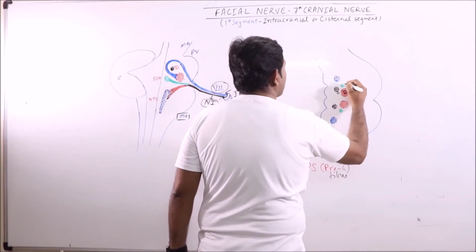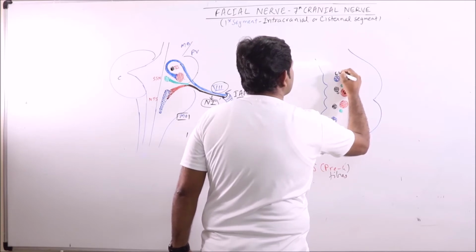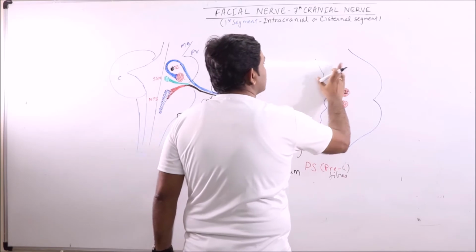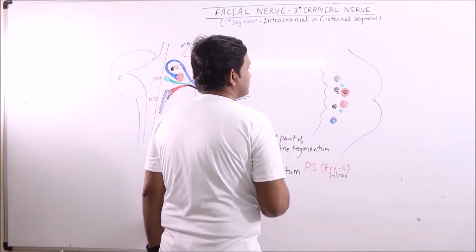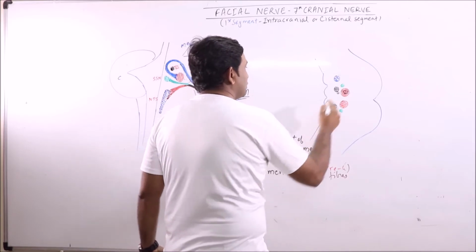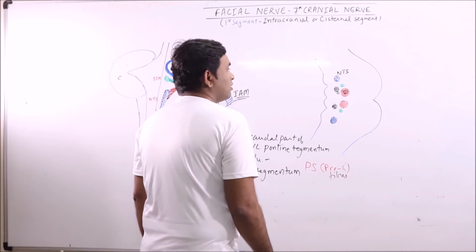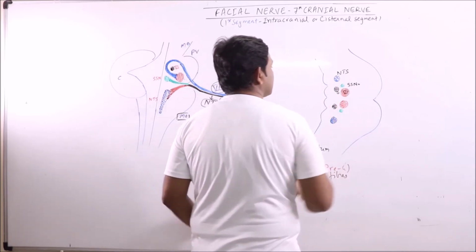This one is the superior salivatory nucleus. This one is the nucleus tractus solitarius, and this one is the superior salivatory nucleus.